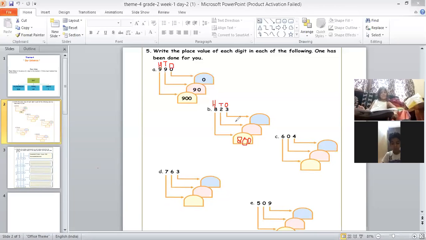Your next digit is 2, so we'll write 2 here and we'll put 1 zero after that because this 2 is in tens place. Now next. 3. Yeah. Your last digit is 3, so we'll write it as it is. We'll not put any zero because this 3 is in ones place and in ones place we don't have any zeros. Okay.